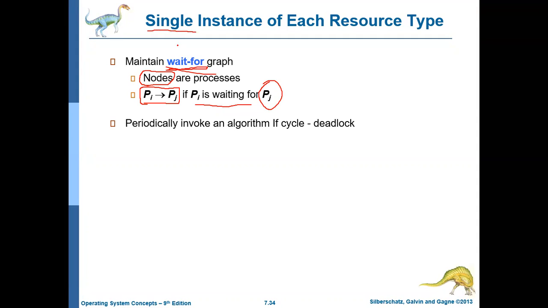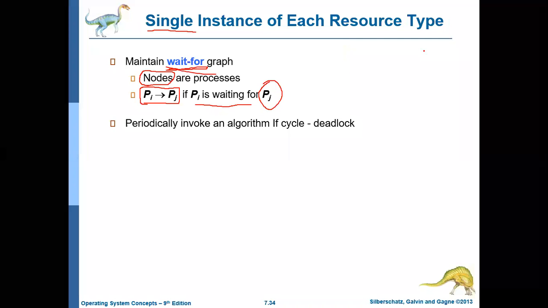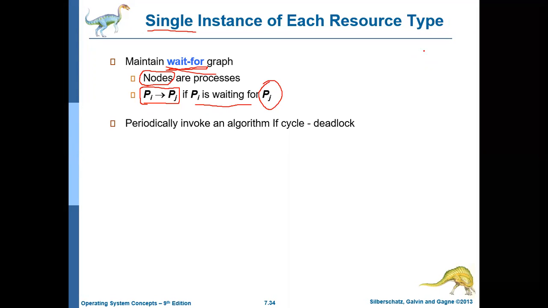The operating system will periodically invoke the wait-for graph algorithm to check if there is a cycle or not.